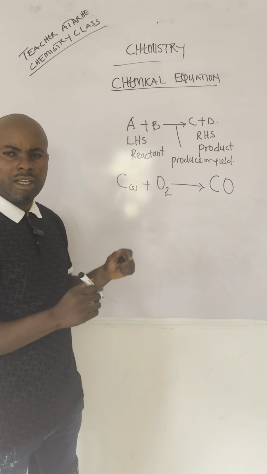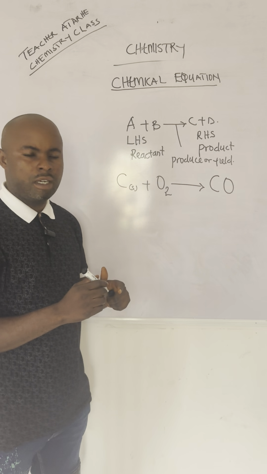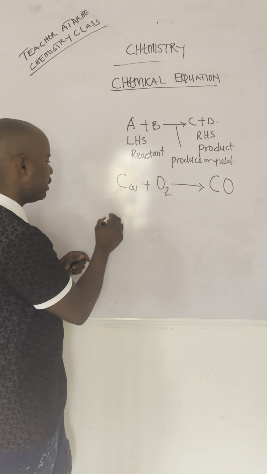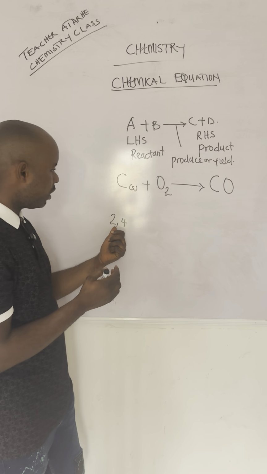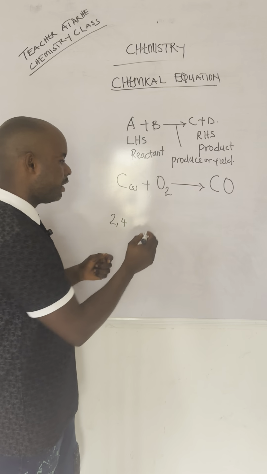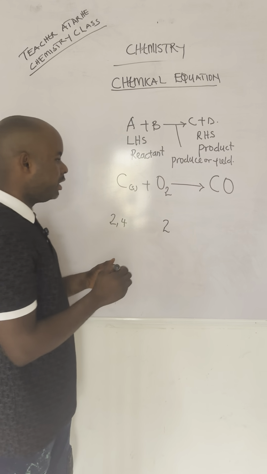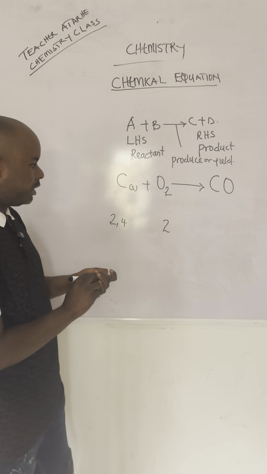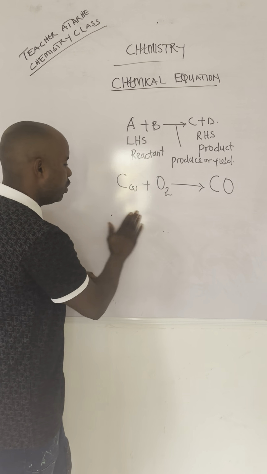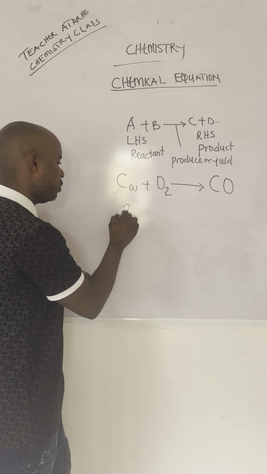We define valency as the combining power of an element. Carbon exhibits states 2 and 4, which is, it has valency of 2 and 4, and oxygen has a valency of 2. So in this equation, the state at which carbon exhibited is 2.